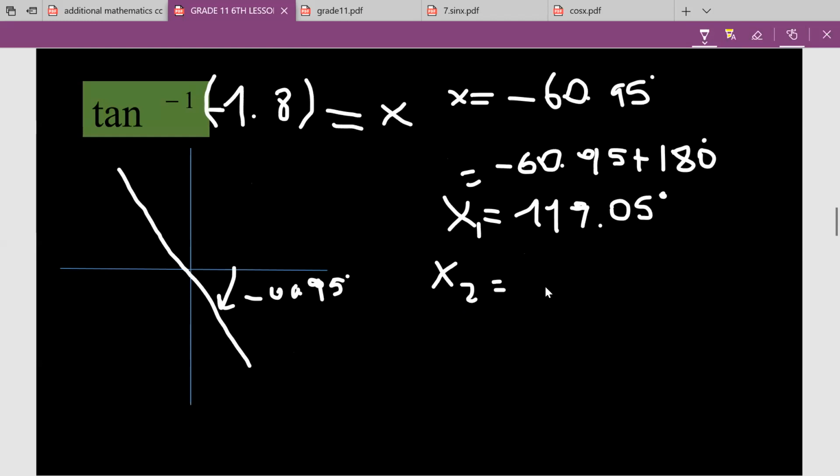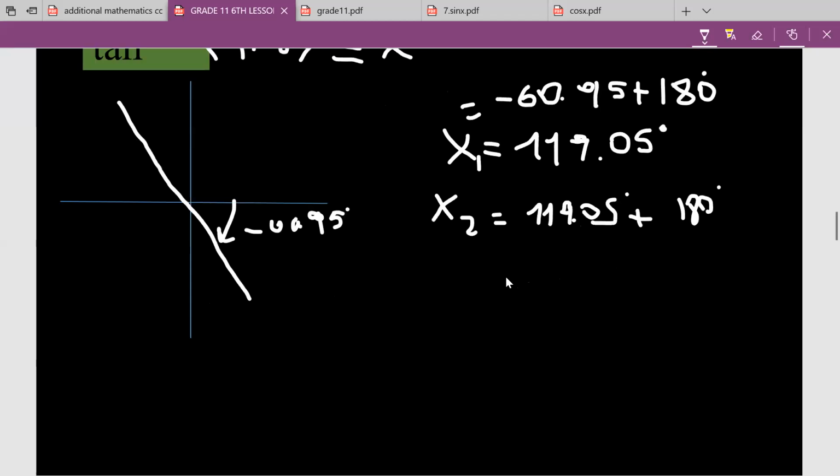So what will I do to find x2? 119.05 degrees plus 180 will give us our second solution. x2 will be 299.05.